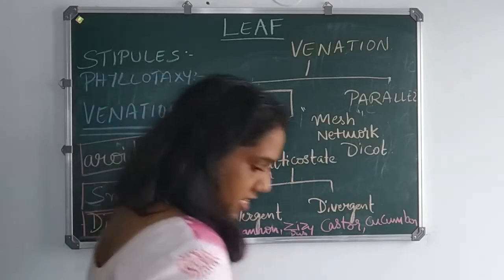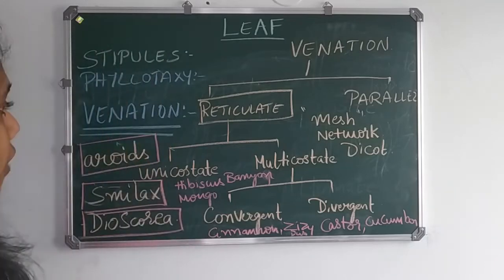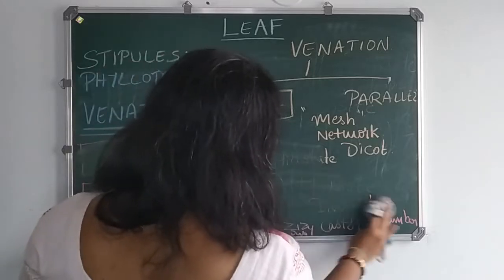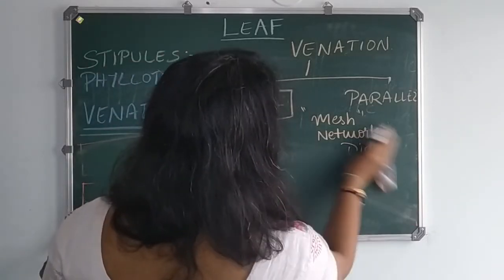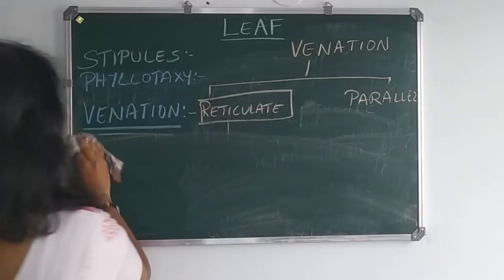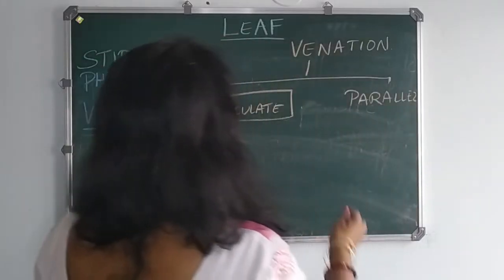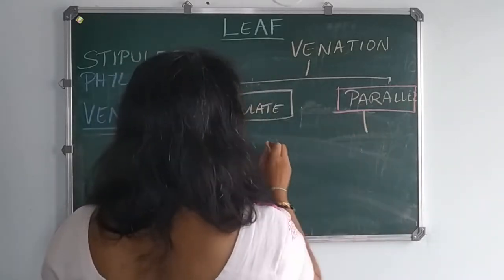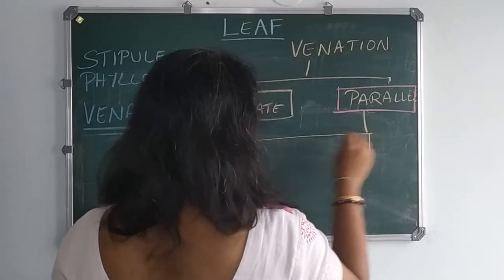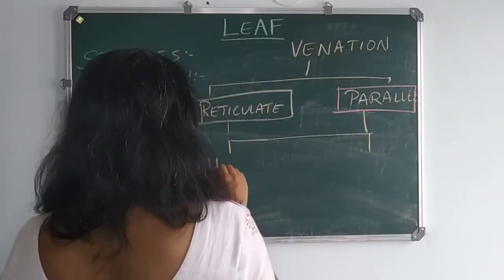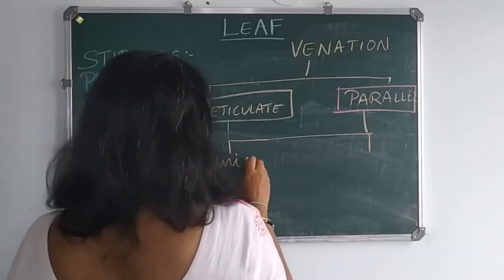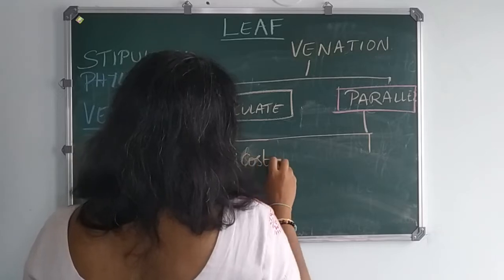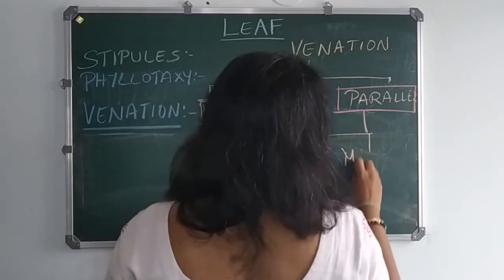Next, after reticulate venation, we go in for the parallel venation. Again, in parallel venation also we are going to see a similar thing. For our convenience we will write it this side: unicostate and multicostate.